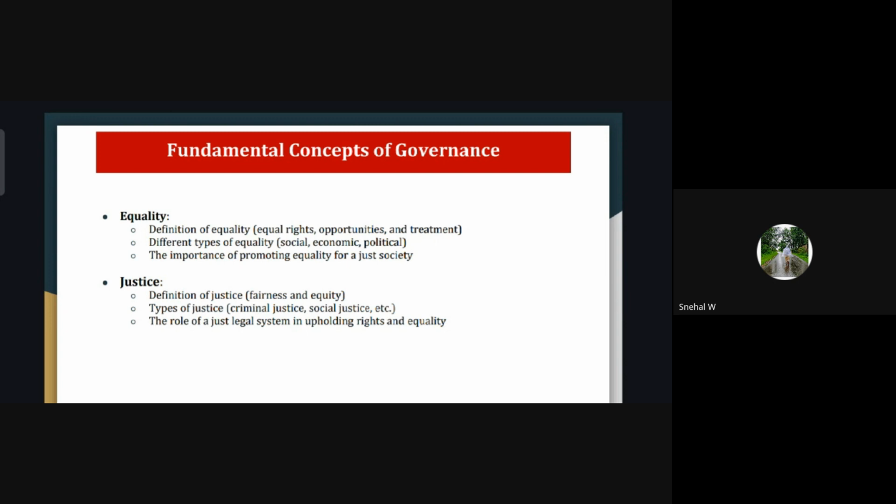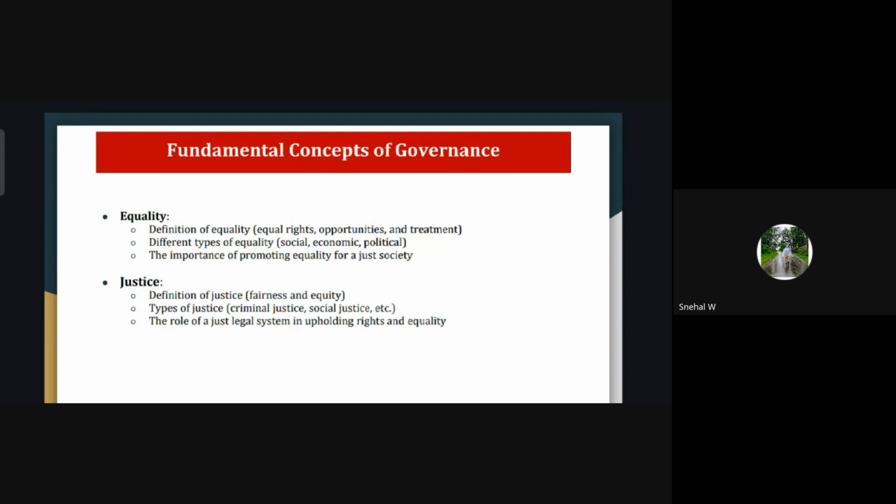That is criminal justice. The second thing is social justice. Social justice is what? Where everyone shall get their due rights.